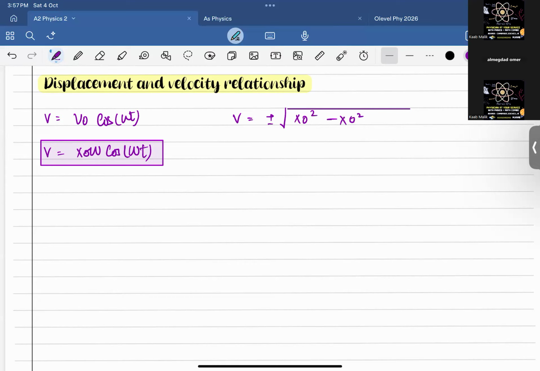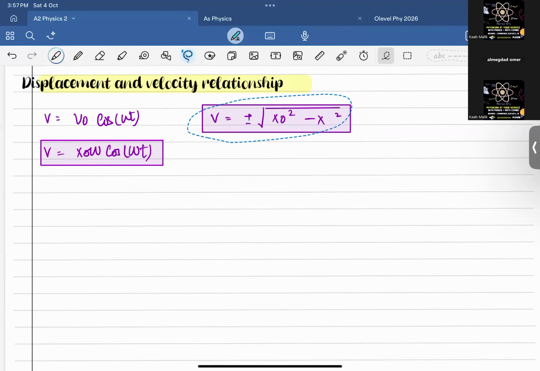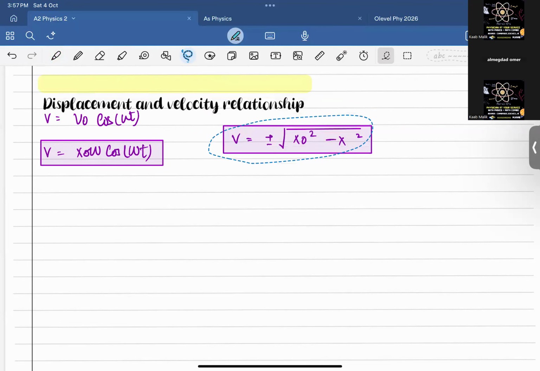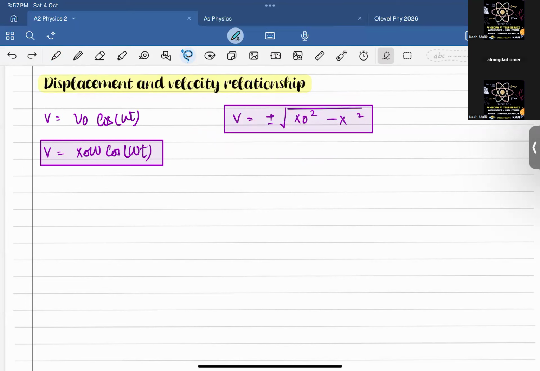So x naught is the amplitude, and x is the position at any instant of time, right? These are the two things that we should remember. This formula is very important. They ask you a lot of times in the exams, so be very careful.